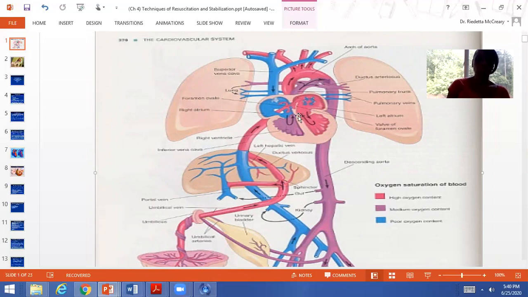So the pressures on the right have to be higher than the pressures on the left so that blood will flow through this shunt, the hole that's in the middle, it's a hole with a flap that's in the middle of the heart. The blood will flow from the right to the left so that that oxygenated blood can get out to the rest of the body.